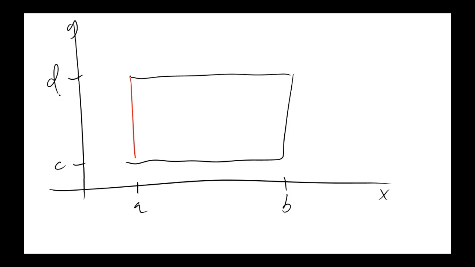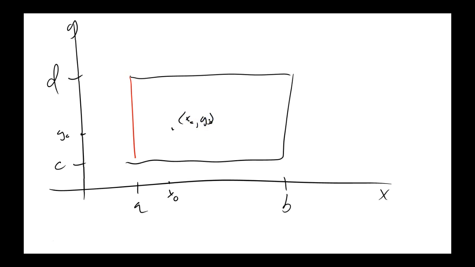That's sort of the normal setup. Rectangular region on the XY plane, so that x is between a and b, and y is between c and d, that contains some point x0, y0. So this would be our x0, and this would be the point y0.